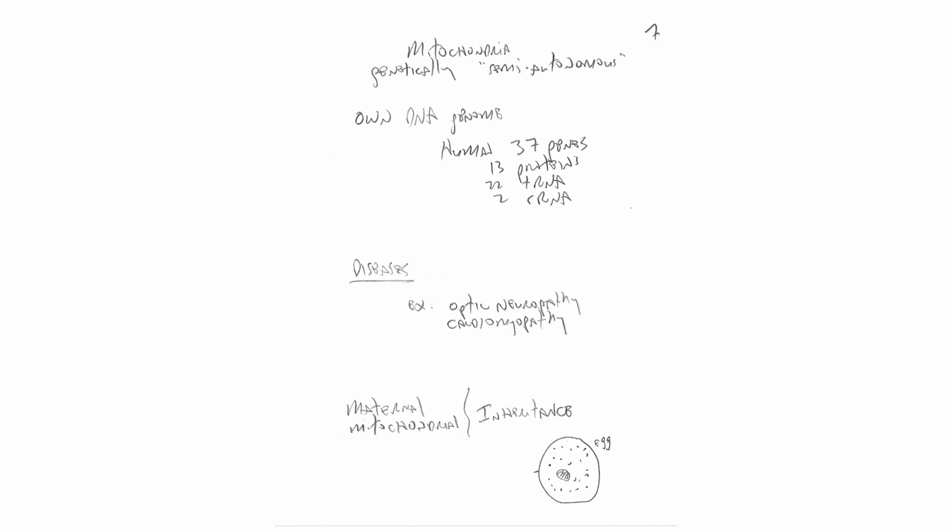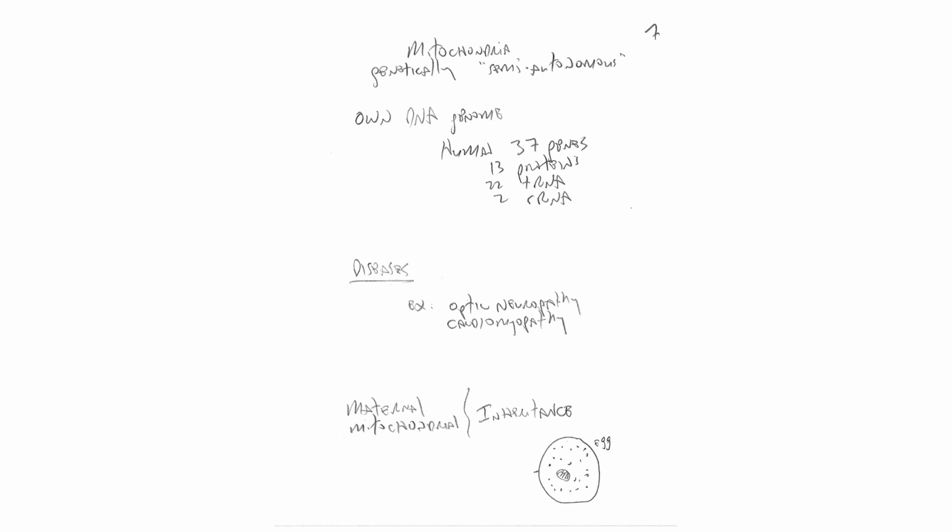I do want to say it gets a little bit more complicated than that, and that is these diseases can be very heterogeneous, sometimes called mosaic. So a mother that has the syndrome, let's say she has cardiomyopathy, clearly has mitochondria that are defective.